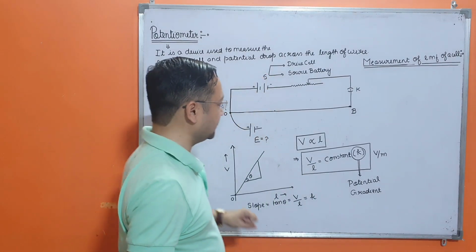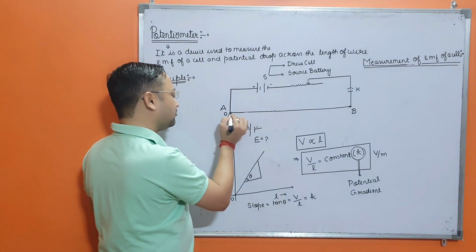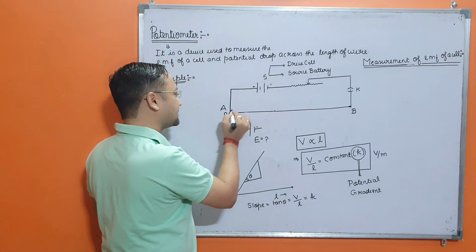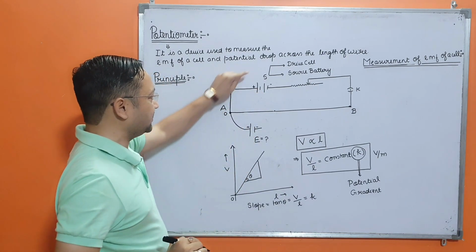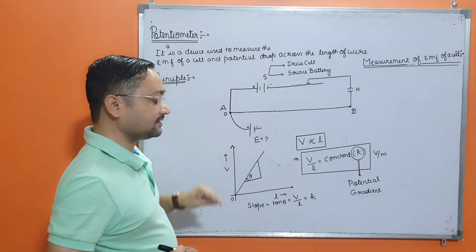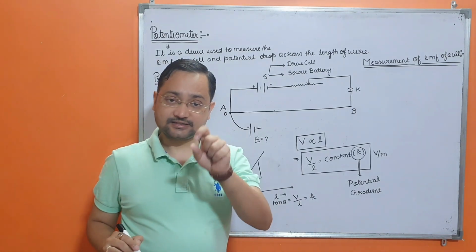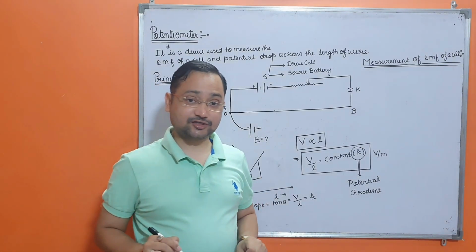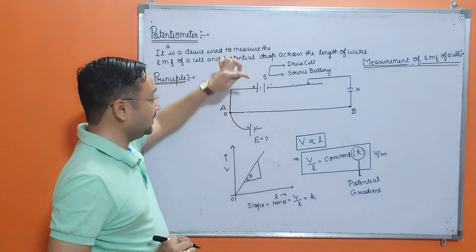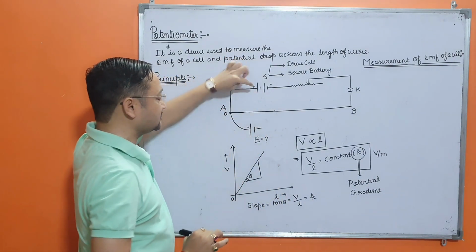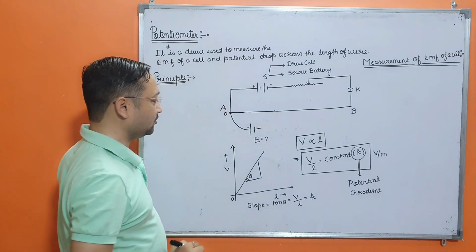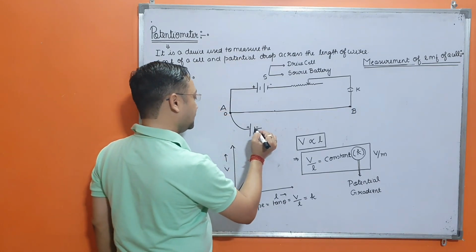The end of the potentiometer which is connected to the positive terminal of the DC source, the driver cell, is said to be the zero end of the potentiometer.